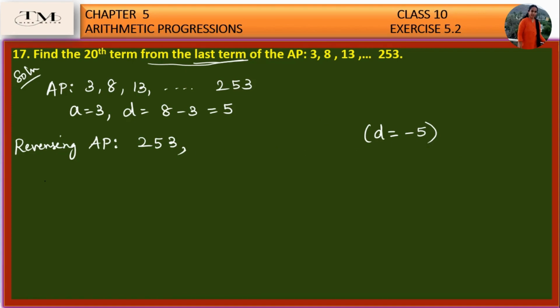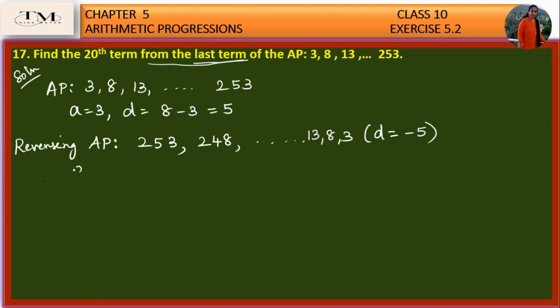So if you reverse the AP, d will be multiplied by negative. So 253 minus 5 is 248. So up to 13, 8, 3. I have just written it in reverse order. So this is the AP.